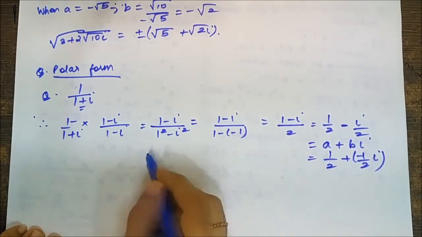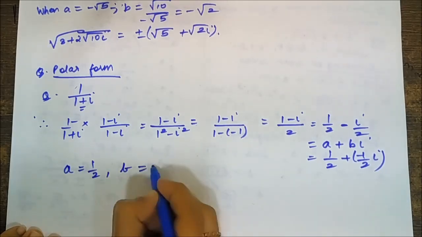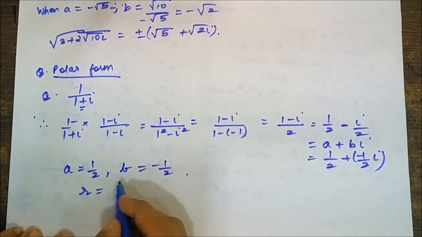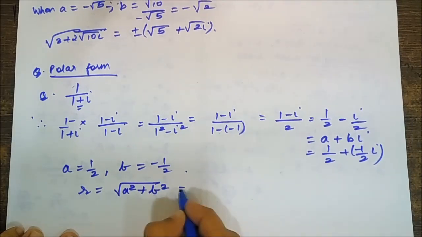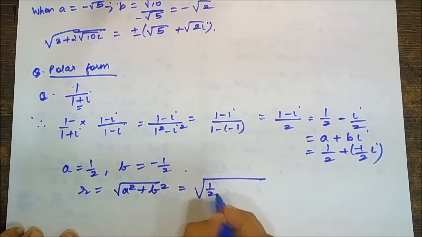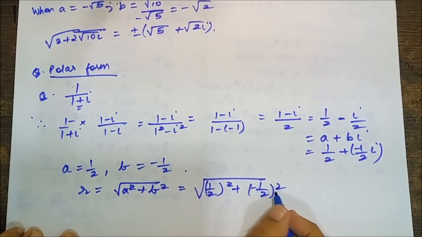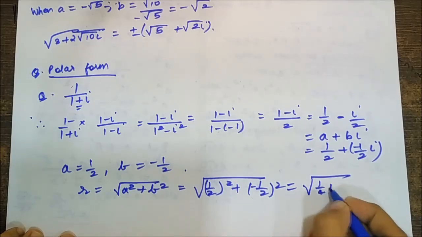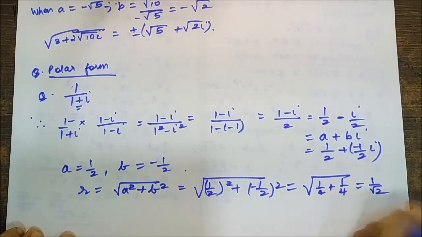So a is half and b is minus half. Taking r is equal to root of a square plus b square, that is half the whole square plus minus half the whole square, 1 upon 4, 1 upon 4. You get 1 upon root 2.